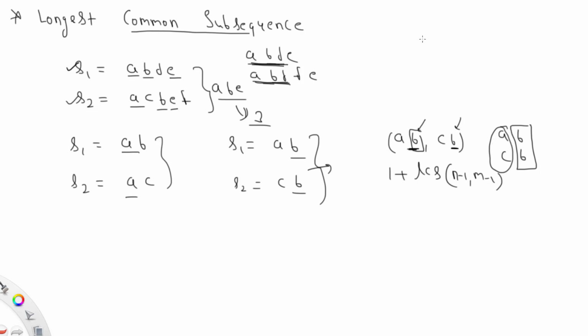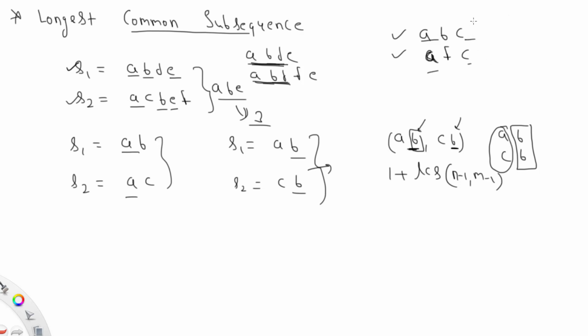Similarly, let's take one more example. Let's say we have ABC and AFC, and I want to check the longest common subsequence length. The longest common subsequence length is 2, AC.